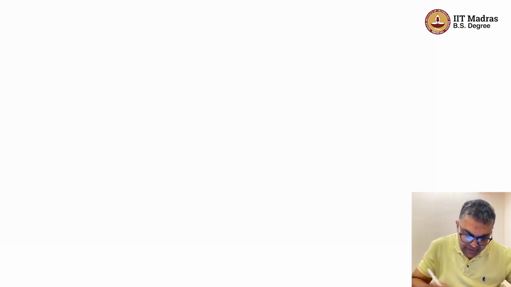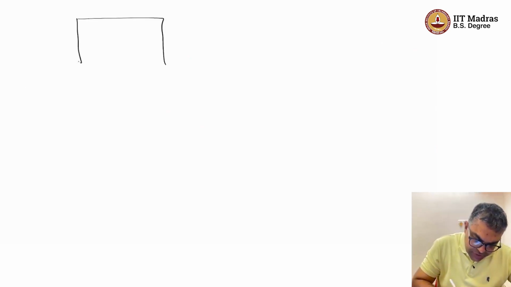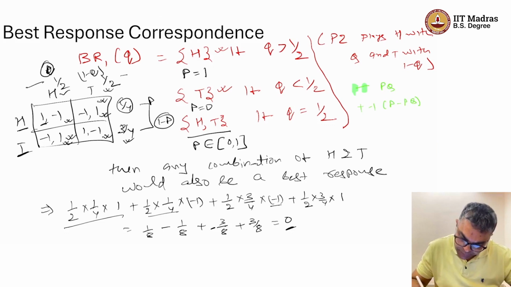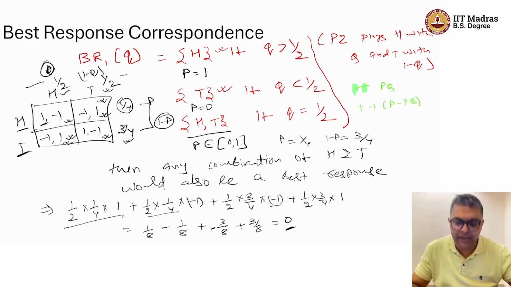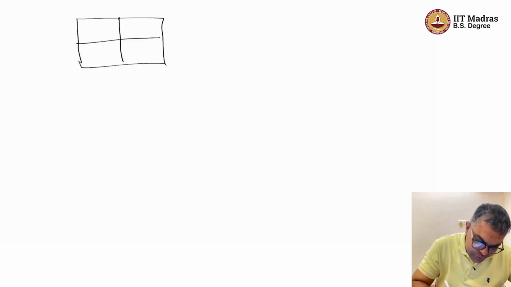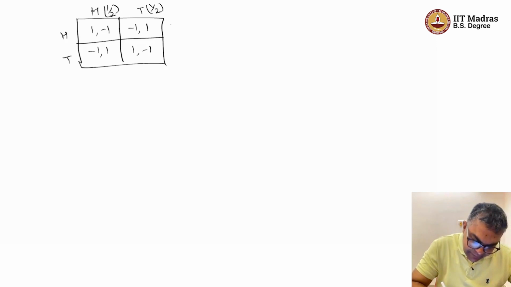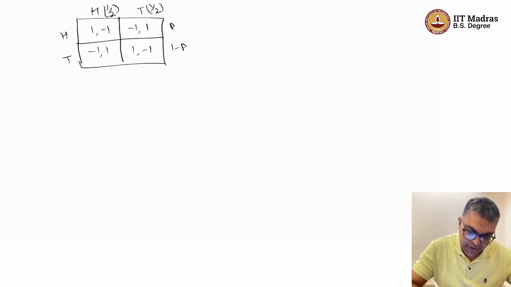Of course, here we have obtained this for a special p, where p is equal to 1 by 4 and 1 minus p is 3 by 4. In fact, if we take any p, the payoff is going to be equal to 0, and let us do that quickly. Here we have 1, minus 1, minus 1, 1, with h and t. Player 2 is playing with probability half and half, and player 1 plays p and 1 minus p.